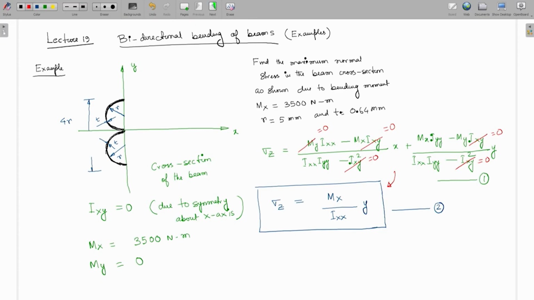By looking at this equation, we see that we do not even need to find Iyy. The only sectional property that we need to find is Ixx. This makes our calculation much simpler.